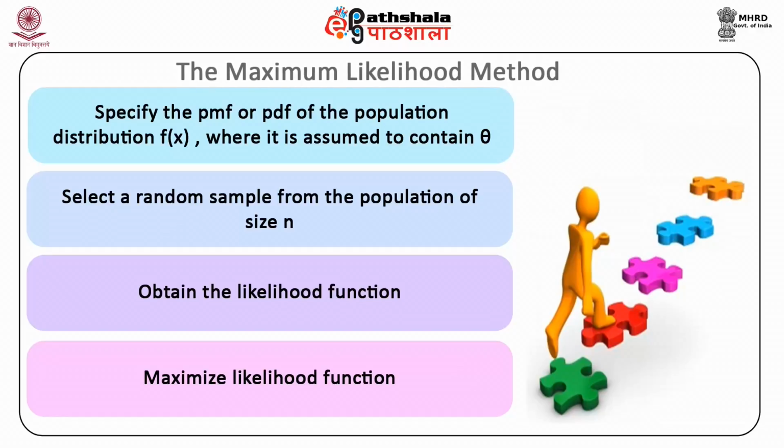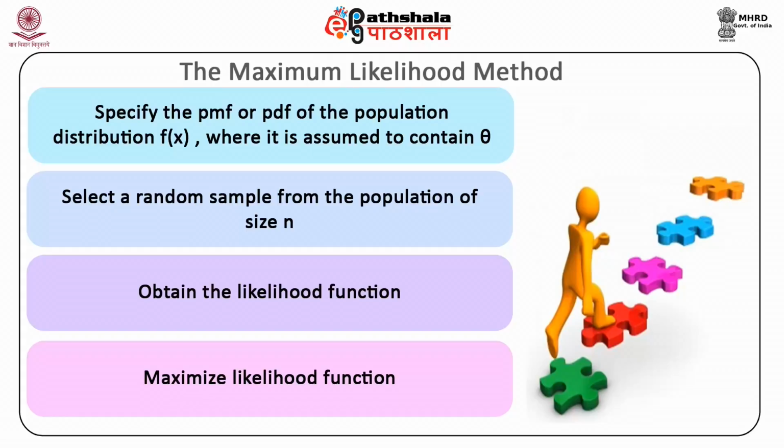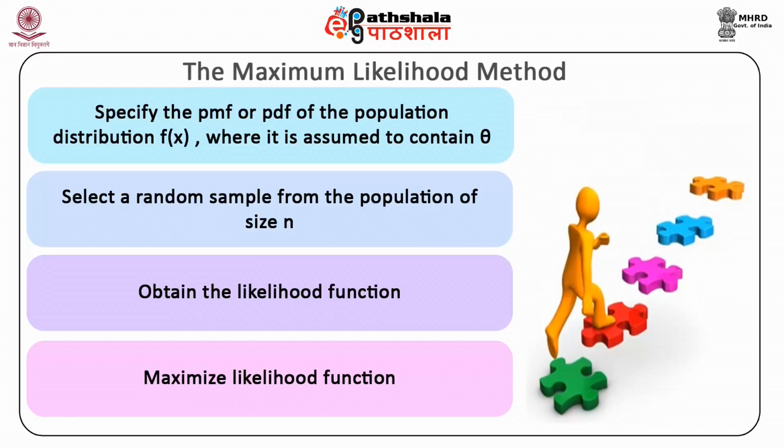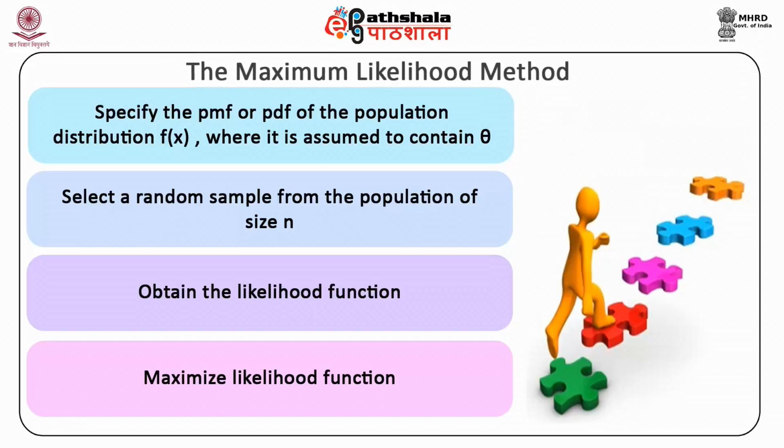To simplify calculations, we use a logarithmic transformation of the likelihood function wherever required. Since log L is a monotonically increasing function of L, the value of theta which maximizes L also maximizes log L and vice versa.